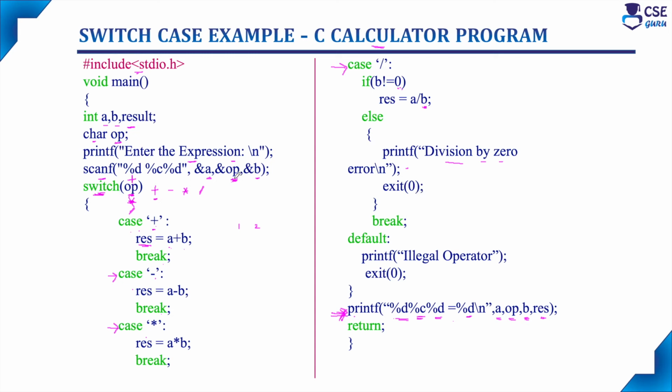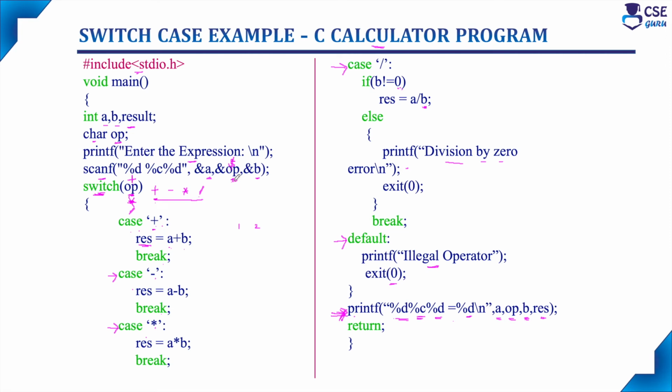If you have entered an operator other than these 4 symbols, that is addition, subtraction, multiplication, division, say the dollar symbol, it will skip all these 4 case statements and control will go to this default statement and execute the statements placed within it. So here it will print on the output screen illegal operator and it will exit from the switch statement.